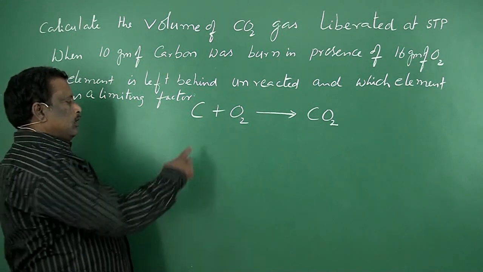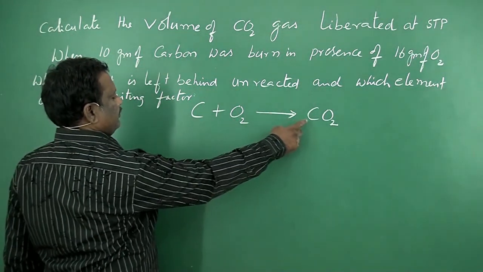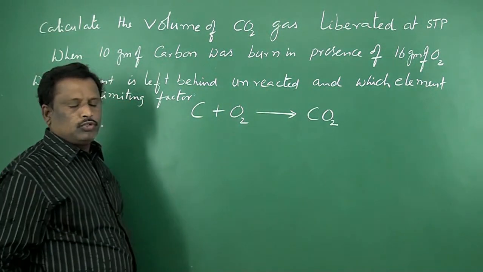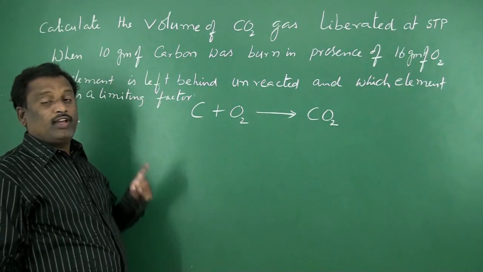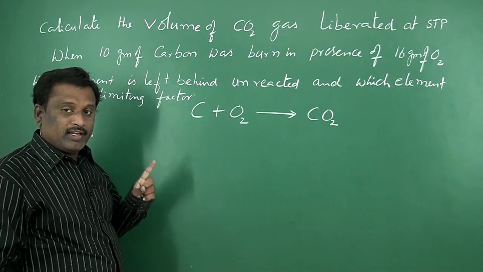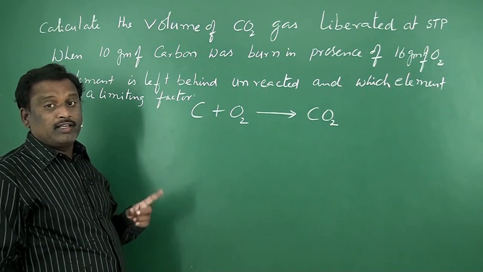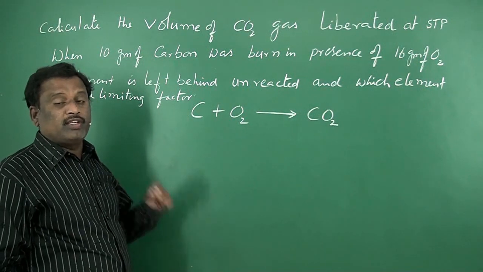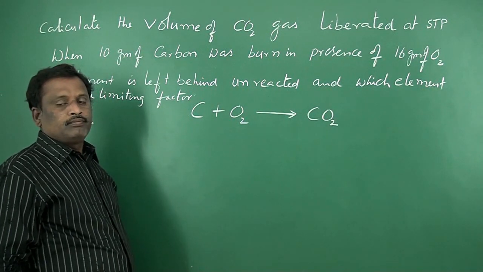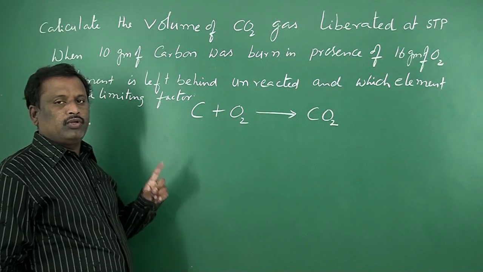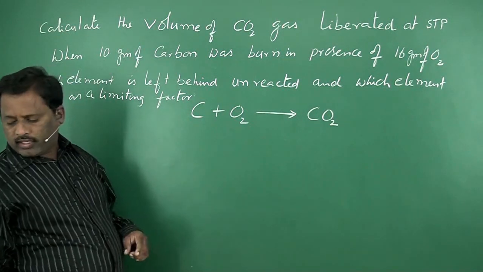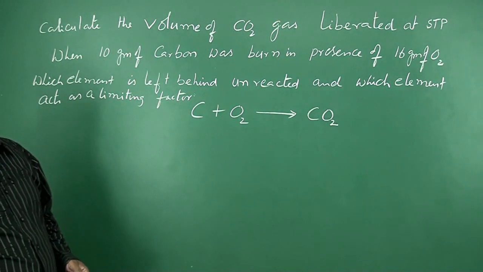After writing the chemical equation, you have to verify whether it is balanced or not, because an unbalanced equation is not suitable for stoichiometric calculations. So the first thing that you have to do is verify whether the reaction is balanced or not.